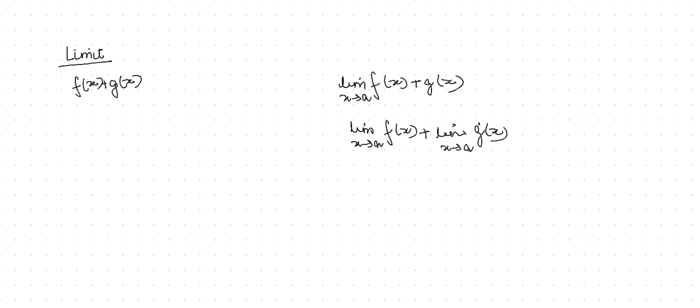This is the same with subtraction, multiplication, division, and exponentiation. But in some cases we get a result in such a way that we are not able to evaluate the expression. Those are known as indeterminate forms.